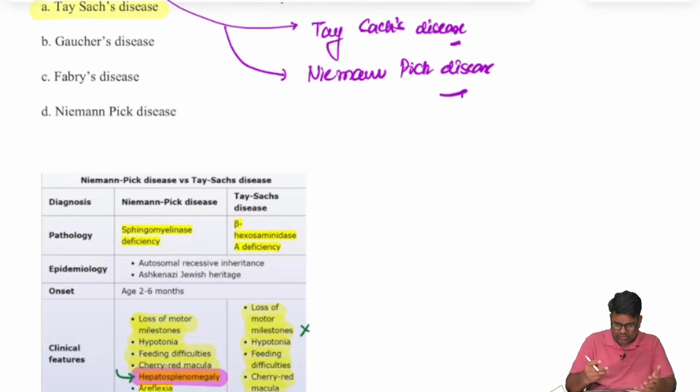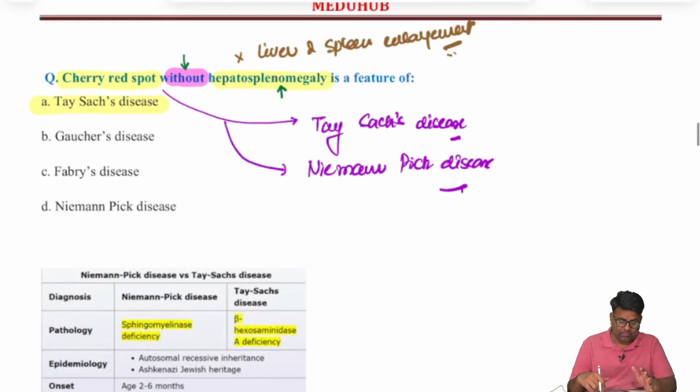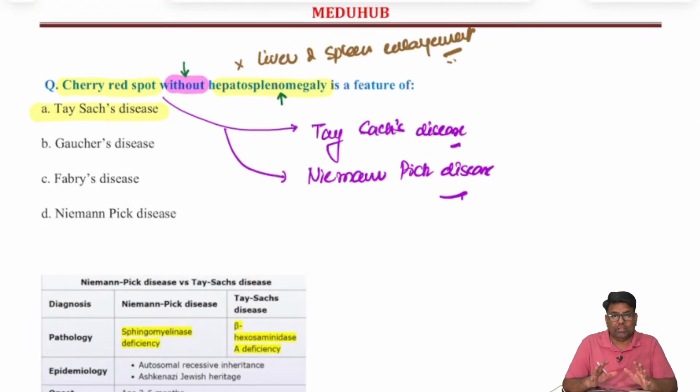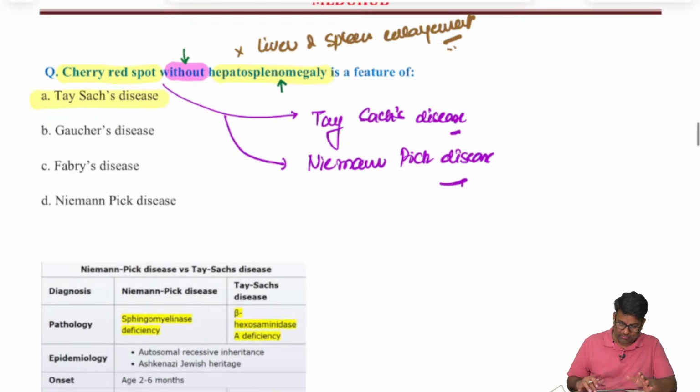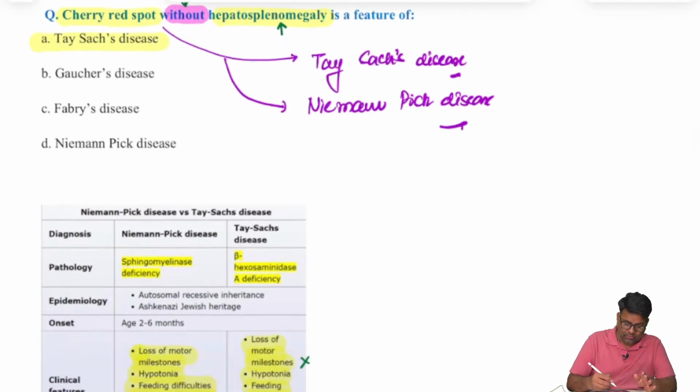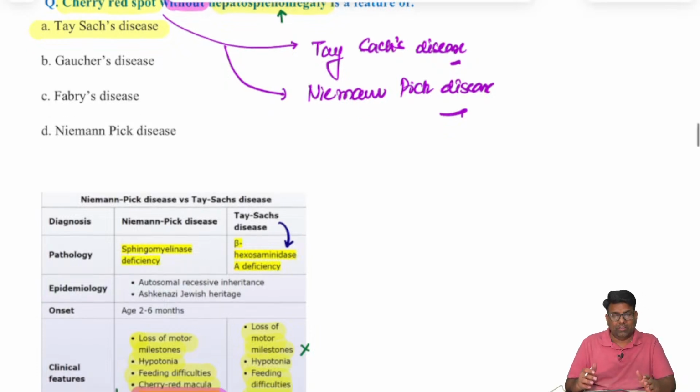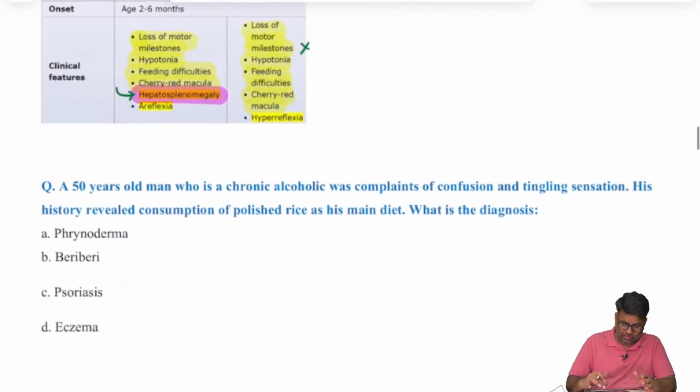So most of the things are absolutely the same. Organ enlargement helps us differentiate whether a given case of cherry red spots in the fundus is Tay-Sachs or Niemann-Pick's. And I think you should know that Tay-Sachs is due to beta hexosaminidase deficiency, whereas Niemann-Pick's is due to sphingomyelinase deficiency.